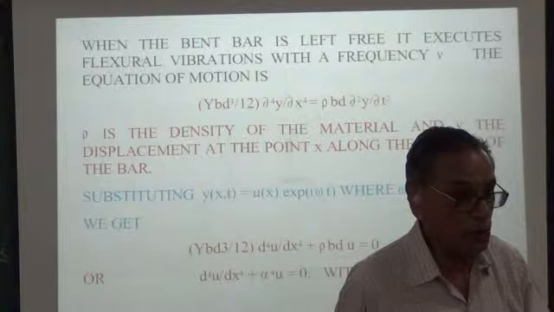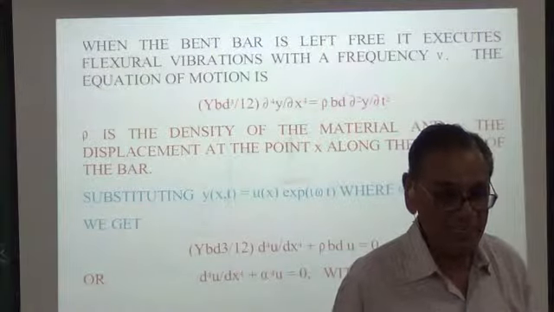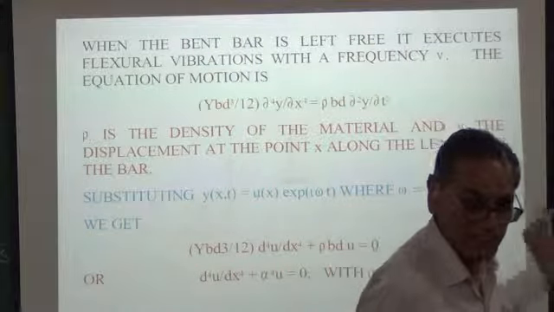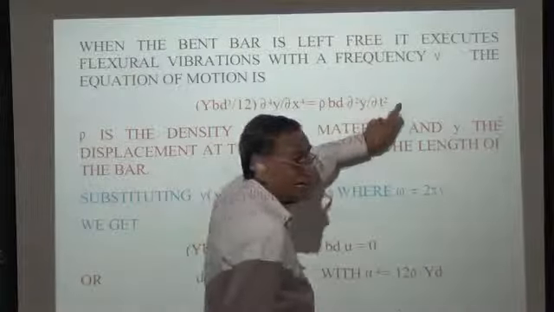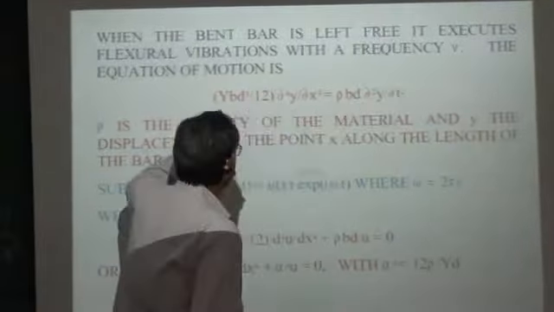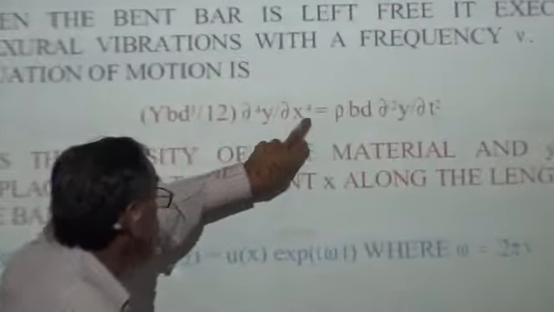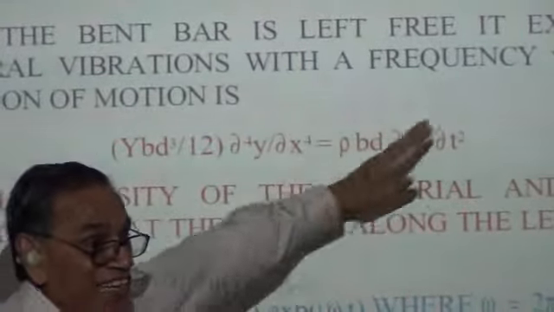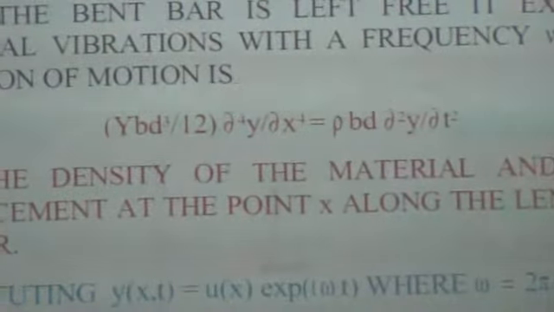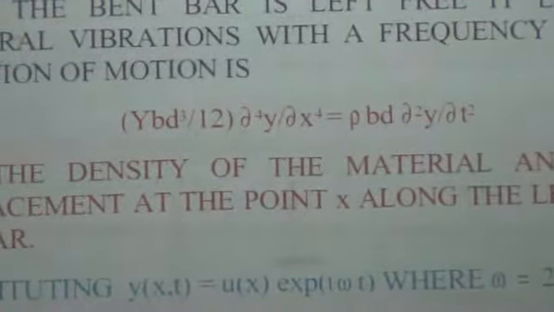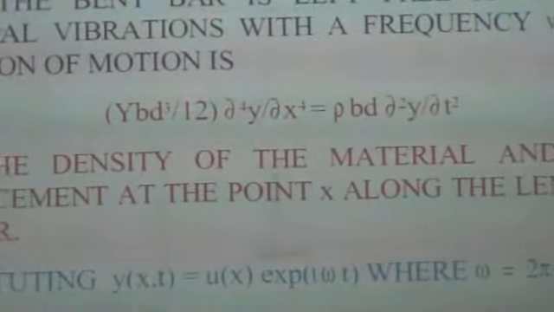Mass is rho into b into d into dx. Mass into acceleration is this term multiplied by dx. And the restoring force is this term multiplied by dx. dx and dx will cancel out. So this is the partial differential equation satisfied by the vibrating bar.